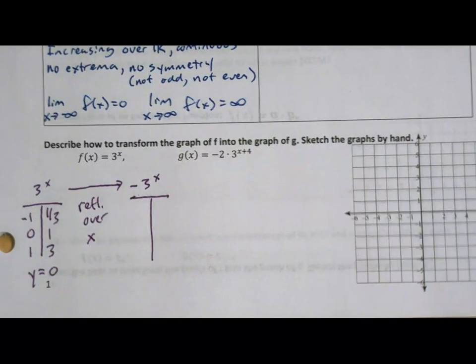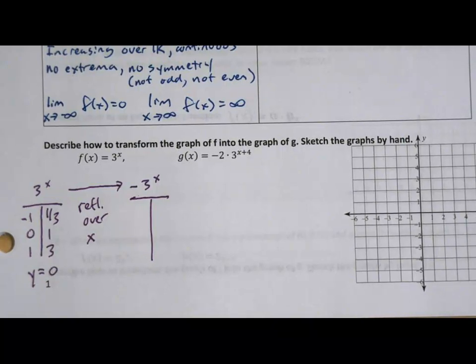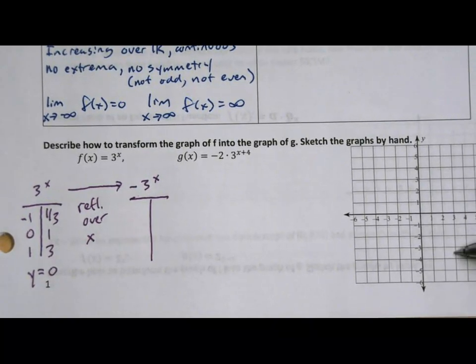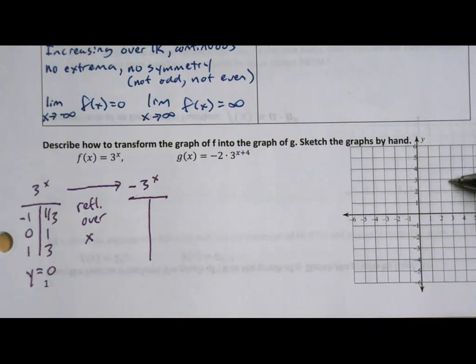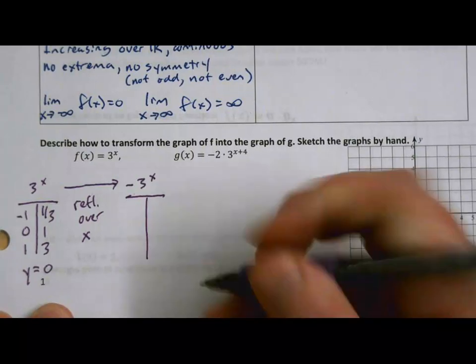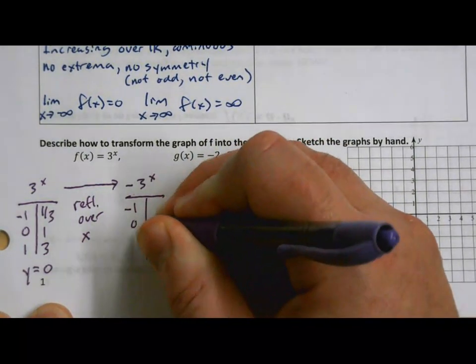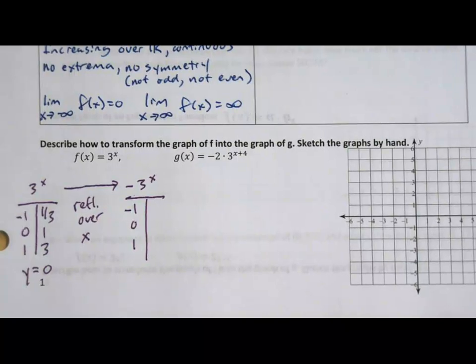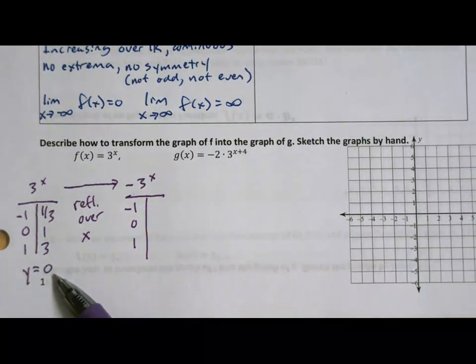And will that change our x-coordinates or change our y-coordinates? If I'm reflecting over the x-axis, it feels like my y-coordinates are going to change, right? So the x-coordinates will stay the same, and all the y values, including this 0, because that's a y value, have to be multiplied by -1.